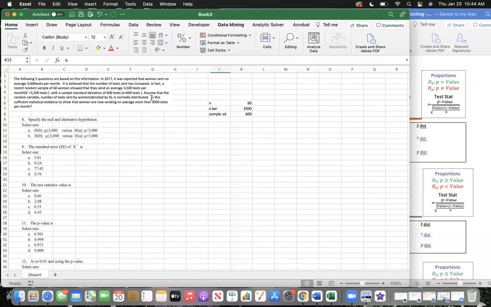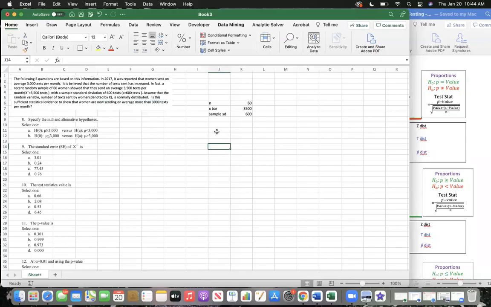And let's look at this last part right here, which is going to help us in figuring out number 8. Right here, more than 3,000 texts per month. I think I said this in a previous video, but typically in these problems, you are given the alternative hypothesis. Here we are trying to test if, on average, more than 3,000 texts are being sent by women.